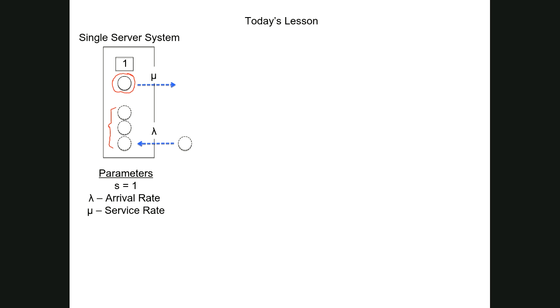And so in this depiction, we have a single server. We'll be given the arrival rate. We'll be given the service rate. And in this case, we have N is 4.